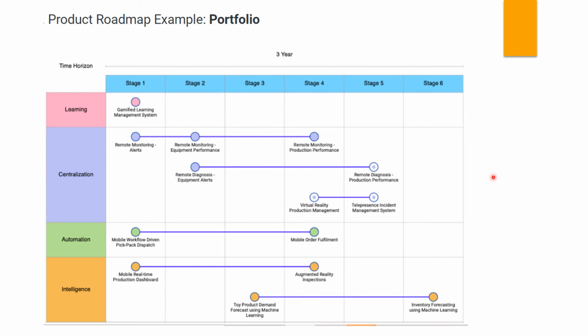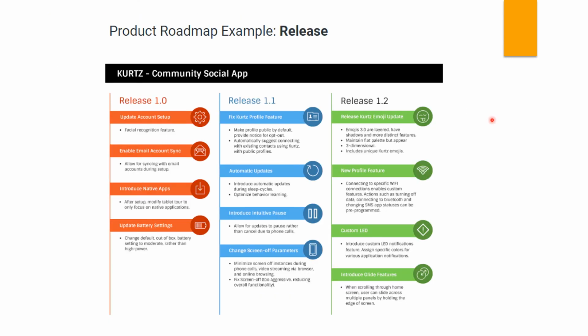So this is an example of a product roadmap based on a portfolio. This is an example of a product roadmap based on release, right? Release 1.0, release 1.1, release 1.2. You can understand what are the epics, what are the features you want to build. That's the simplest way of defining your release-based product roadmap.